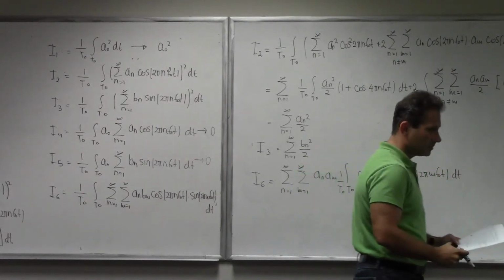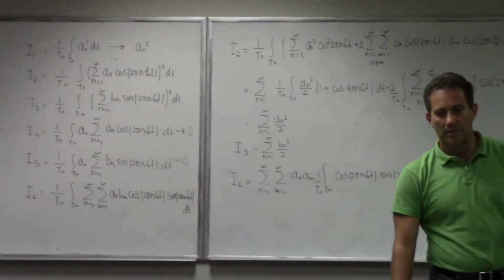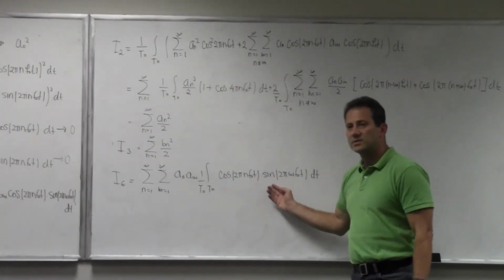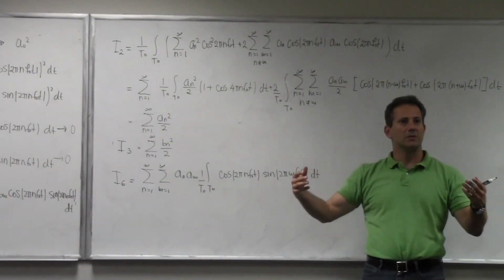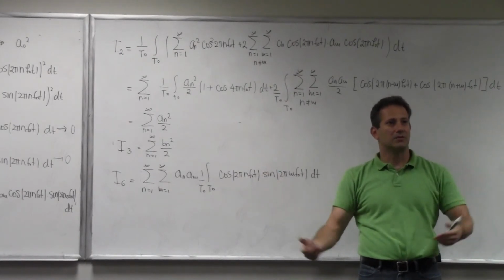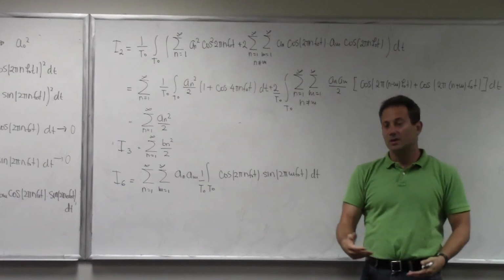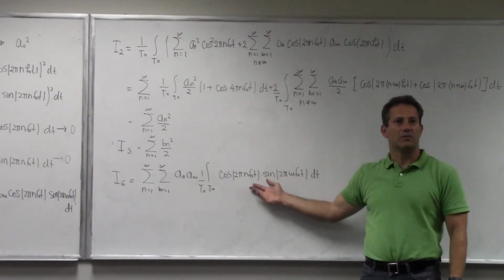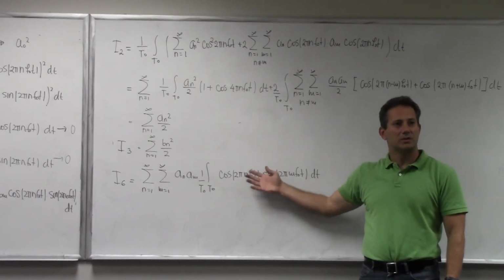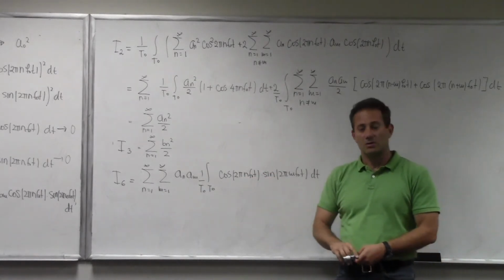I don't know the trig identity, but let me just write this thing. And it really doesn't matter, because what you can remember is this. Cosine times sine is going to have two terms. One is going to be the sum of the two frequencies, and the other one is going to be the difference of the two frequencies, and both are going to be sines. So this will average sines over a period. So what is this term going to be? 0.